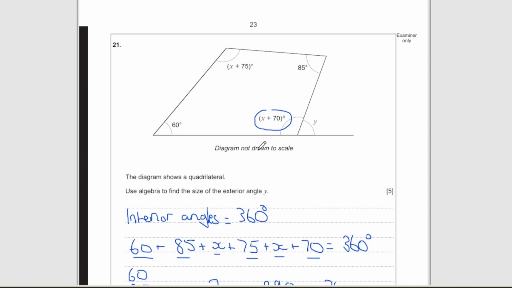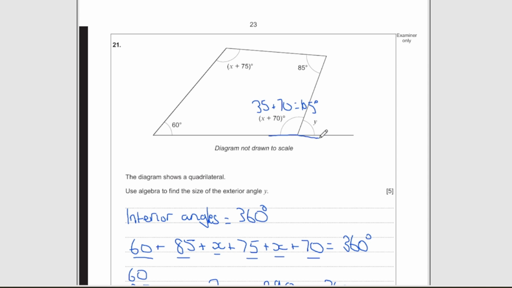Now we go back to our little diagram. We know that x is 35 degrees, so 35 plus 70. Don't forget you can draw on the diagram. 35 plus 70 is 105 degrees.